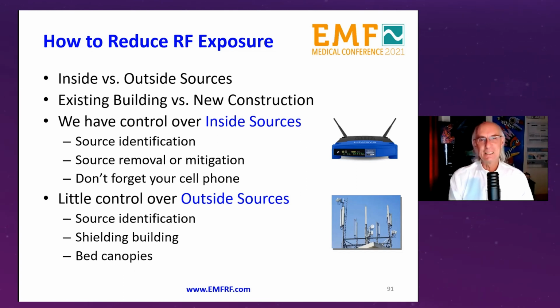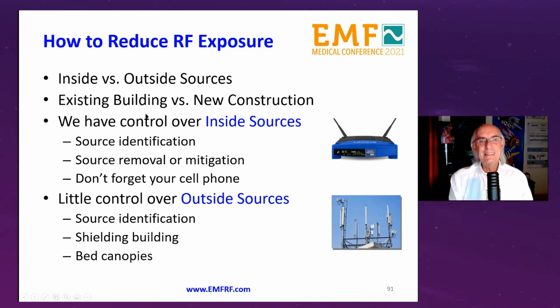But the interior sources, that's where we have the control. As I measured in my introduction, the Wi-Fi and the cordless phone were the predominant RF sources in this particular residence. And the concern was about the cell site. So once we take measurements, we can then associate where the predominant fields are coming from.